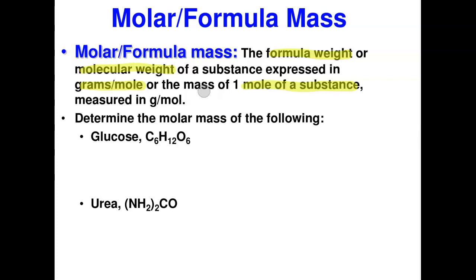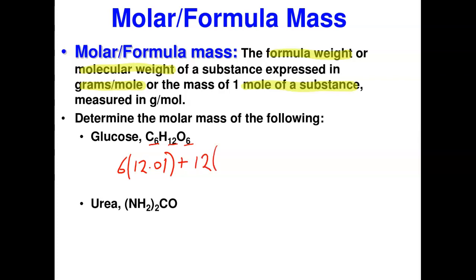So here we have the glucose molecule. Glucose has 6 atoms of carbon, 12 atoms of hydrogen, and 6 atoms of oxygen. And so what does that mean? We're going to do this as we did before in calculating the molecular weight. 1 atom of carbon weighs 12.01, times 6, plus 1 atom of hydrogen weighs 1.01, but how many atoms do we have here?